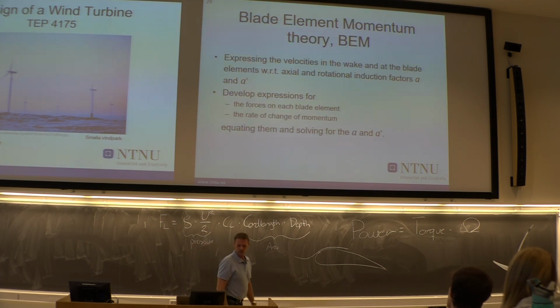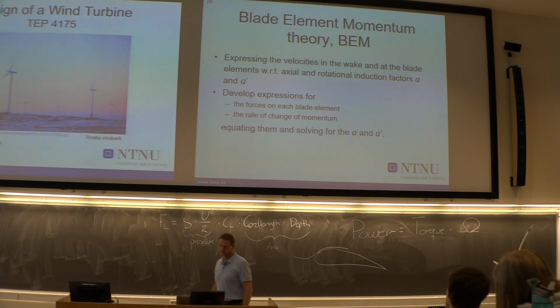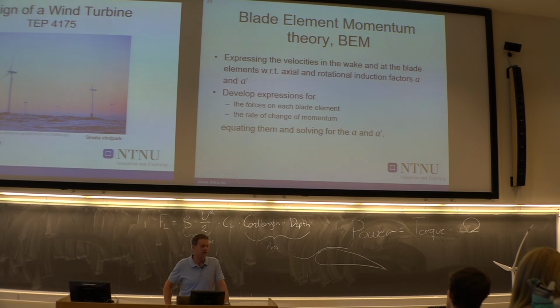Later on, we're going to introduce the blade element method. And when we do that, we introduce two more components to it. And those are these induction factors. Induction factor means that the velocity triangles, or velocities at the turbine itself, are changing.